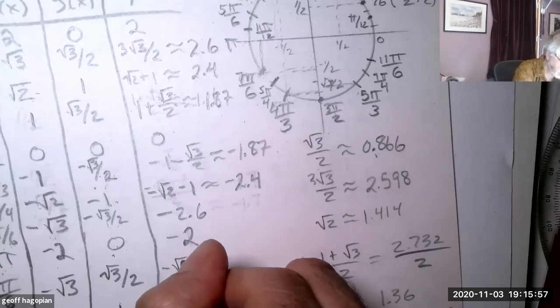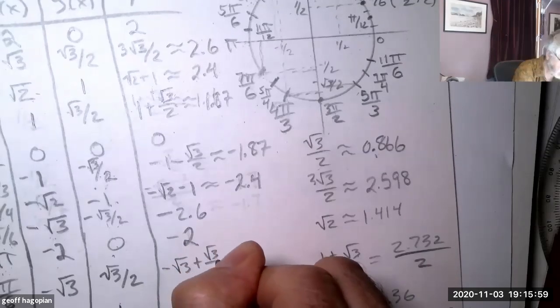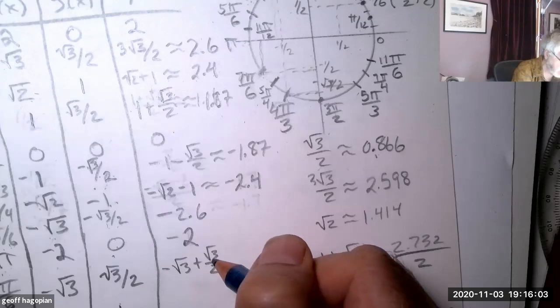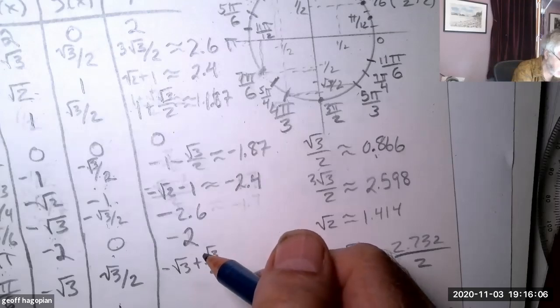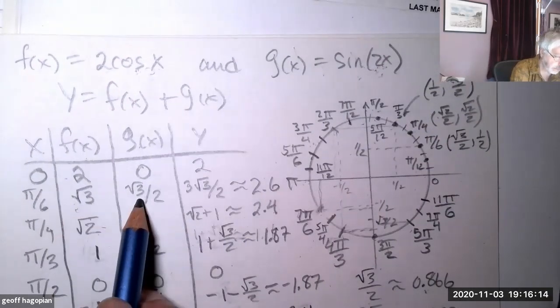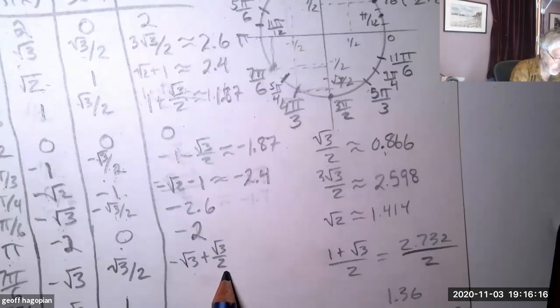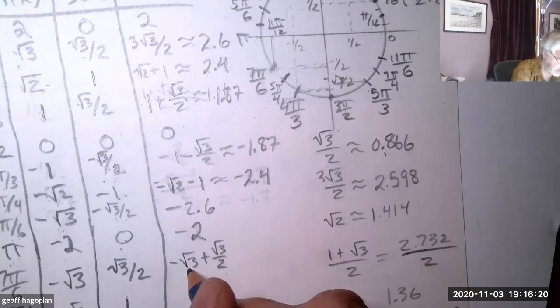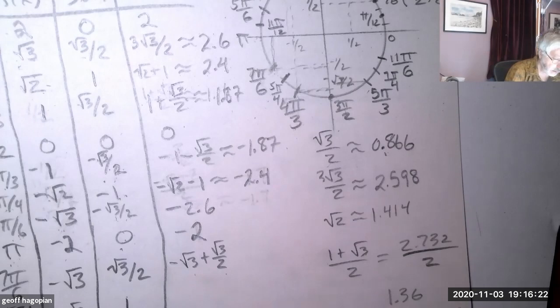And so what are the sums? Well, this is negative root 3 plus root 3 over 2. All right. So up here we had root 3 plus root 3 over 2. Now it's negative root 3 plus root 3 over 2, right? So they're a little bit out of, so there's negative 1.7.